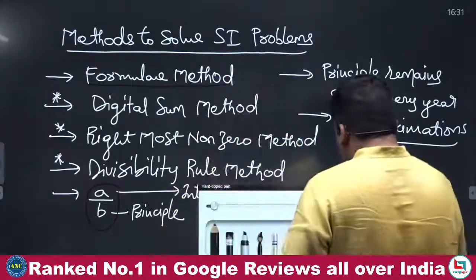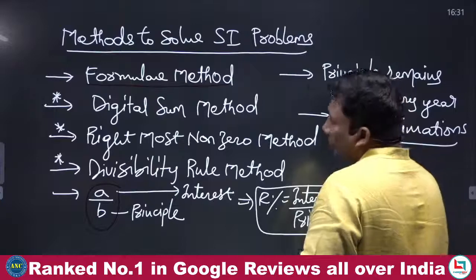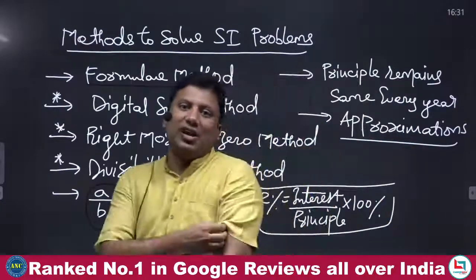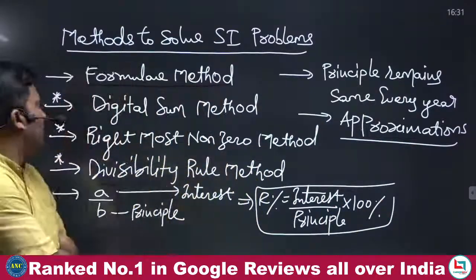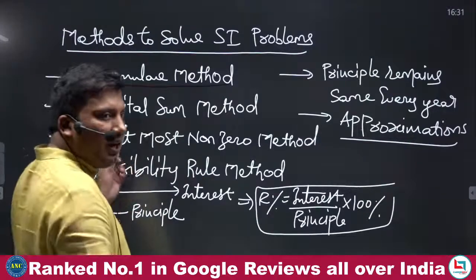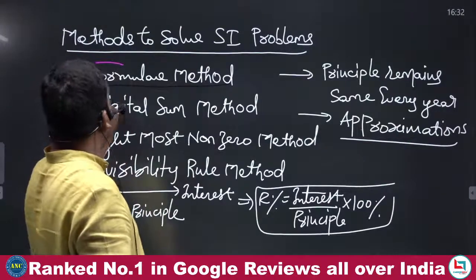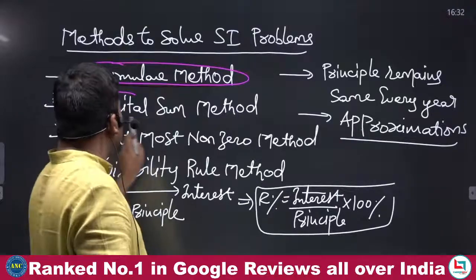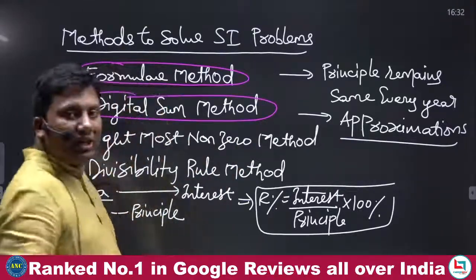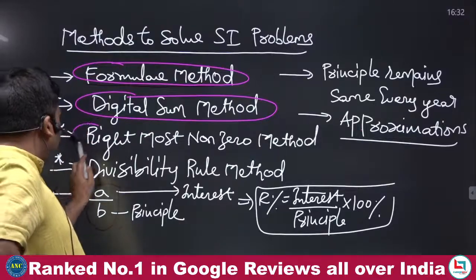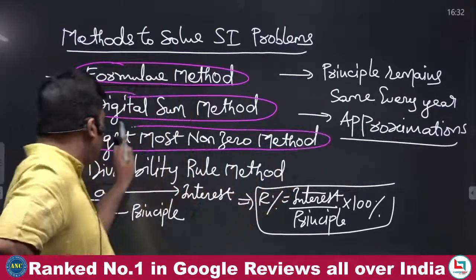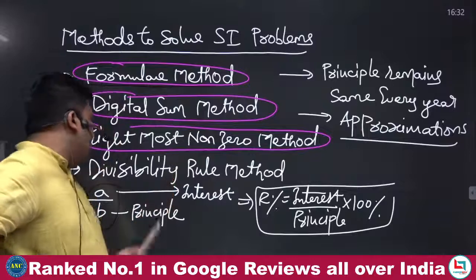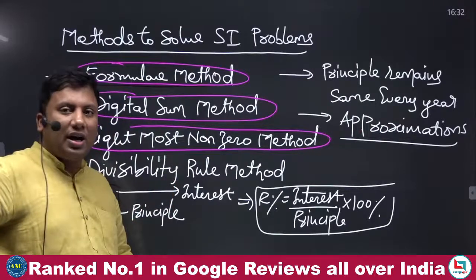In the previous class, I discussed that there are various ways to solve simple interest problems. What are the various ways? One is the formulae method. Another is the digital sum method. Next are the rightmost non-zero method, divisibility rules, and using the A by B concept.